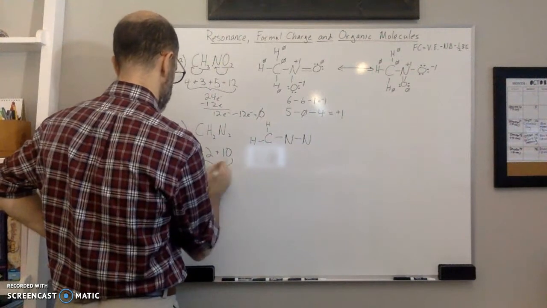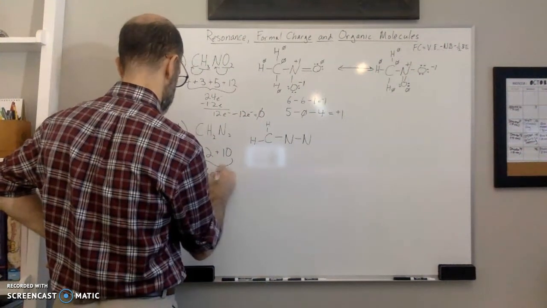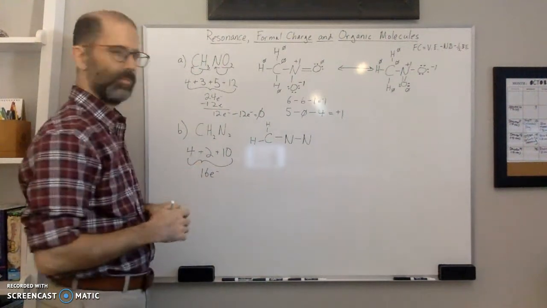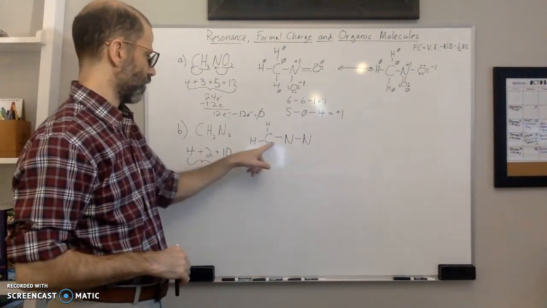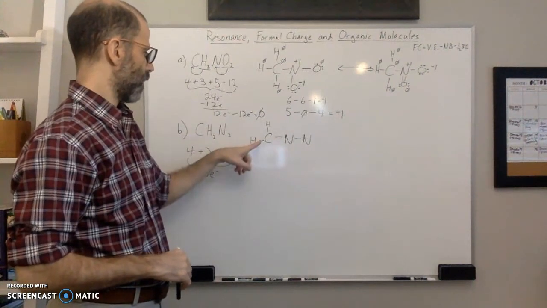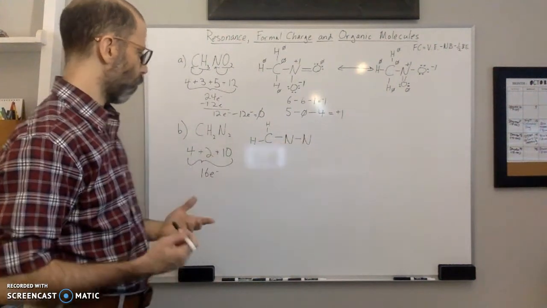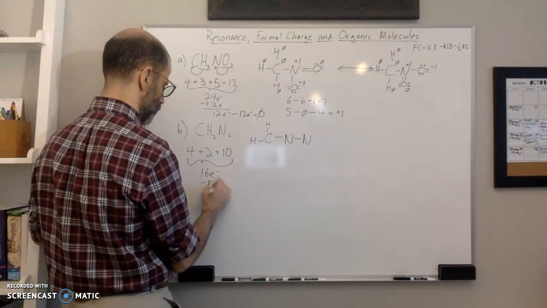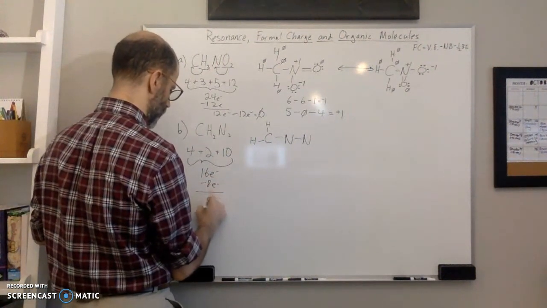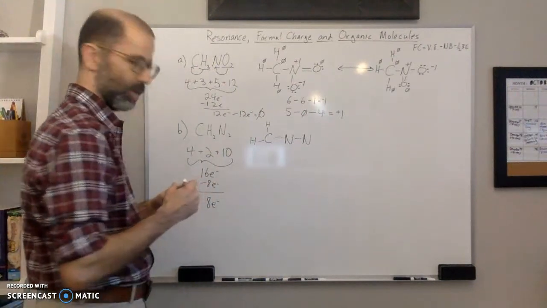And that's going to give us a total of 16 valence electrons. So now how many did we use to create our structure here? We have 1, 2, 3, 4 bonds. So that means we used 8 electrons. Subtract out 8, and we have 8 electrons left over.